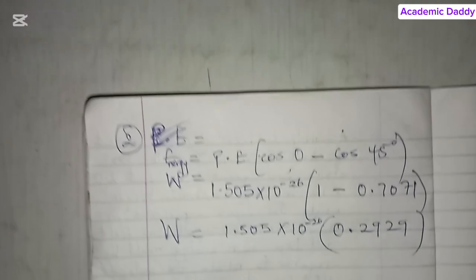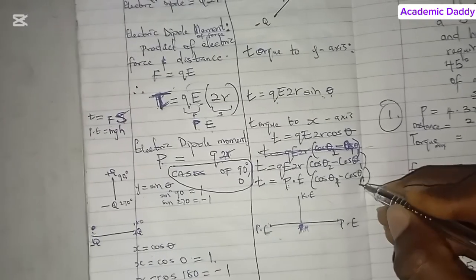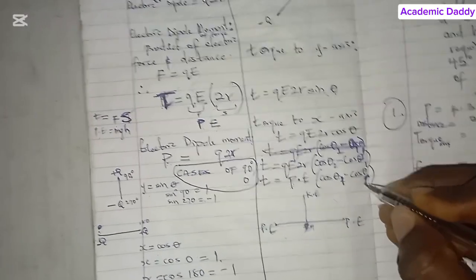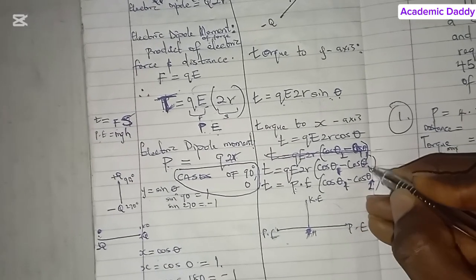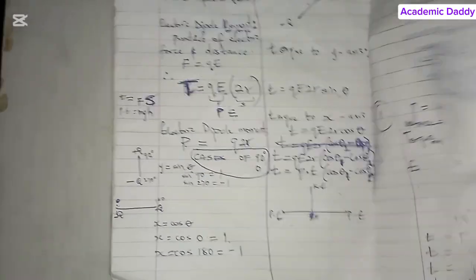So theta 1 minus theta 2. I'm trying to manage space.